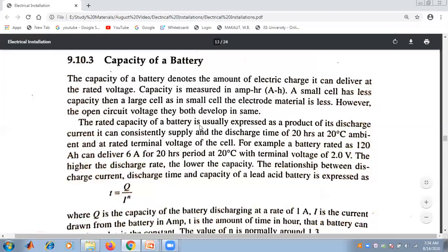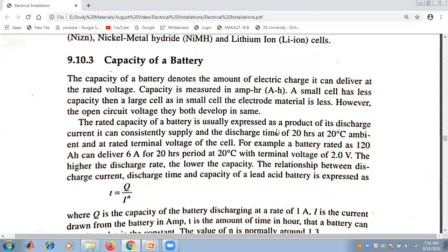The rated capacity of a battery is usually expressed as the product of the discharge current it can supply and the discharge time of 20 hours at 20 degrees centigrade ambient and the rated terminal voltage of the cell.